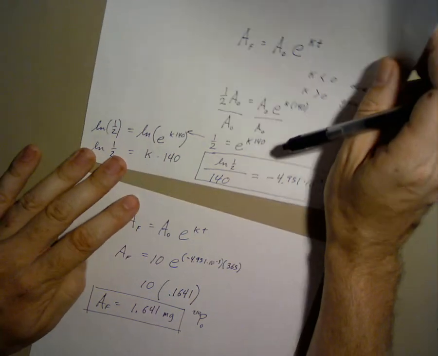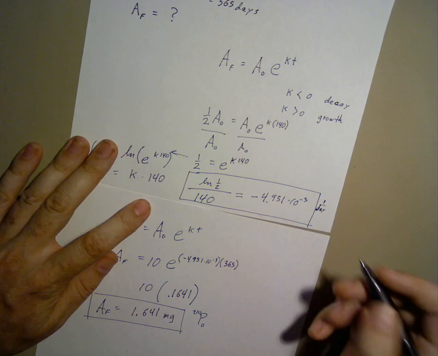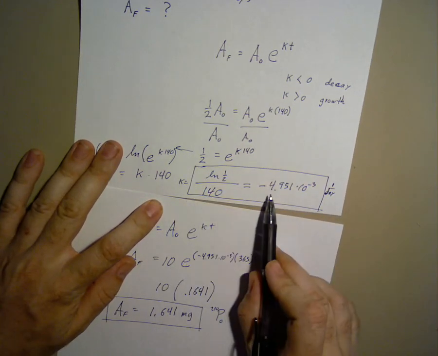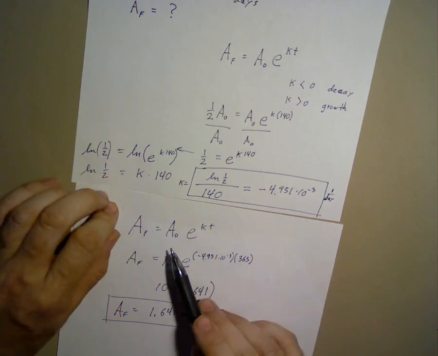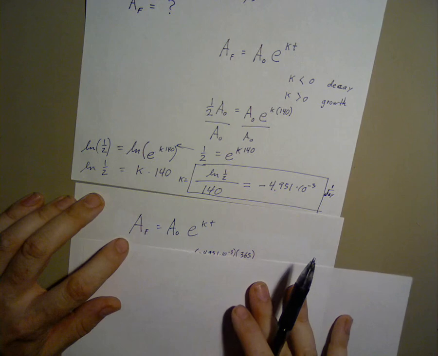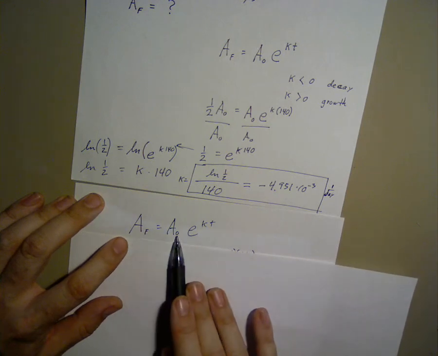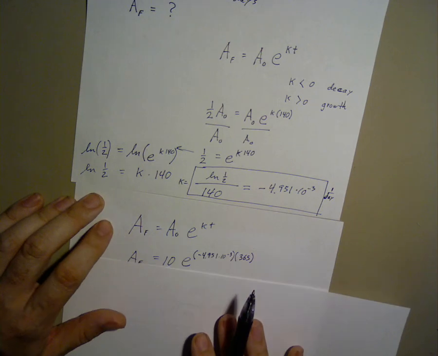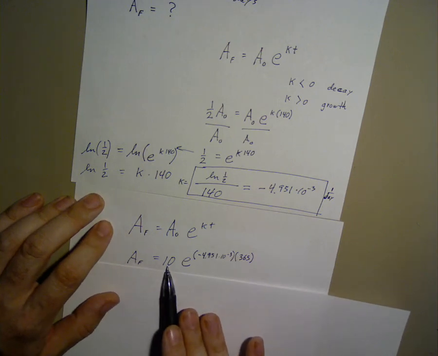So, now that we know what k is, we can take our original change formula. A final equals A initial, the original amount, times e to the power of kt. A initial is 10 milligrams.